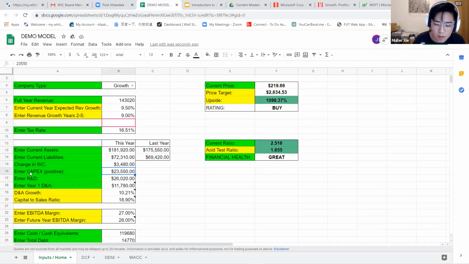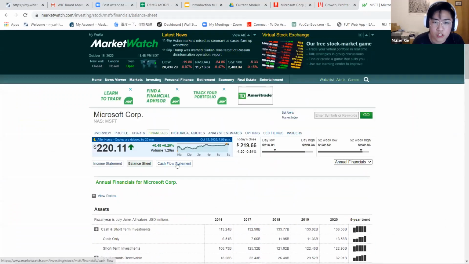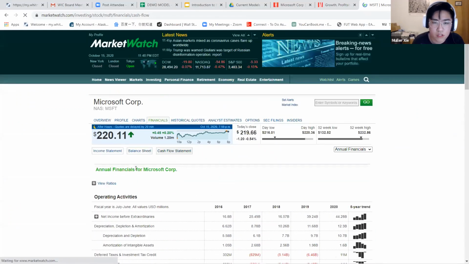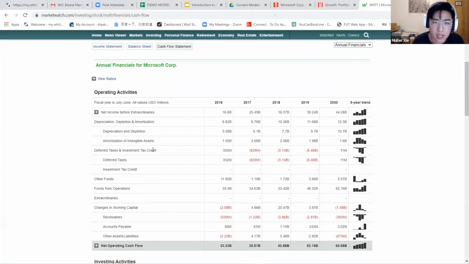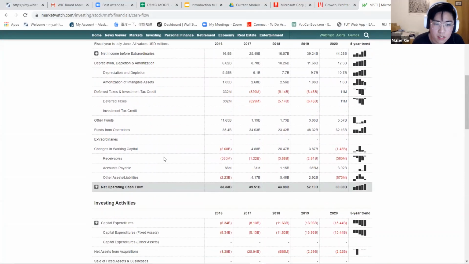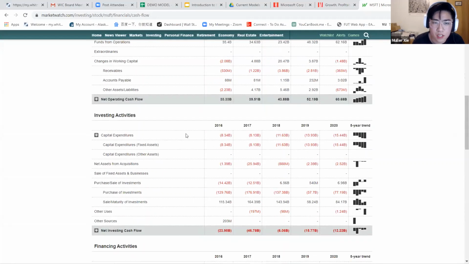It's the capital expenditure, which, as was just mentioned, is the net amount of money that the company will put back into the firm to support its further business growth. We can also find this on MarketWatch. If we click on the cash flow statement button here, in the investing activities it will give you the data of the capital expenditures.